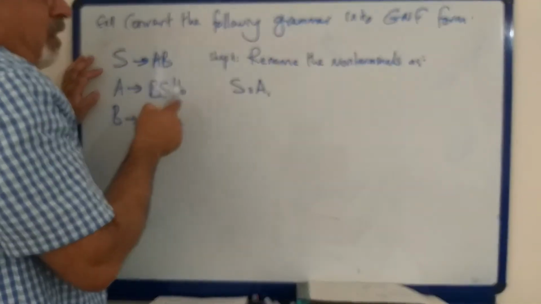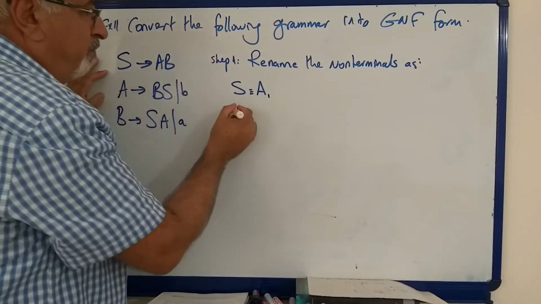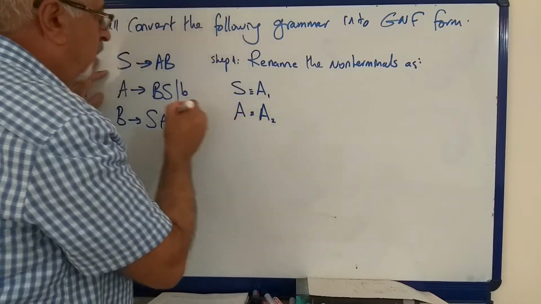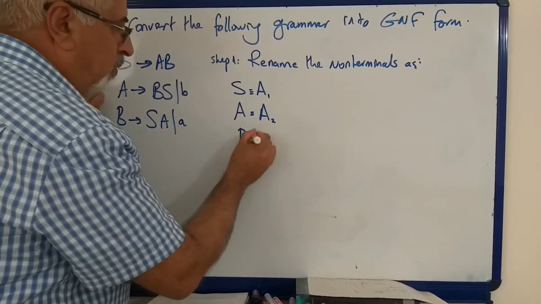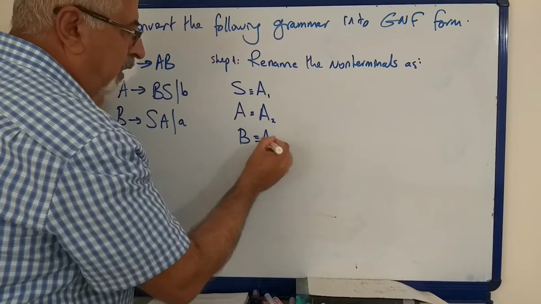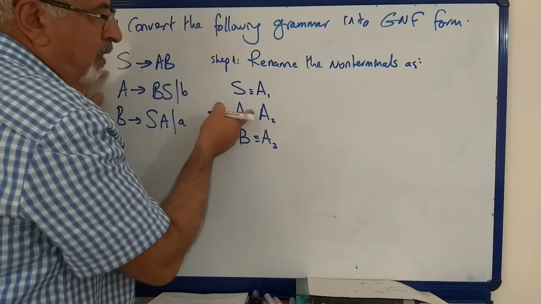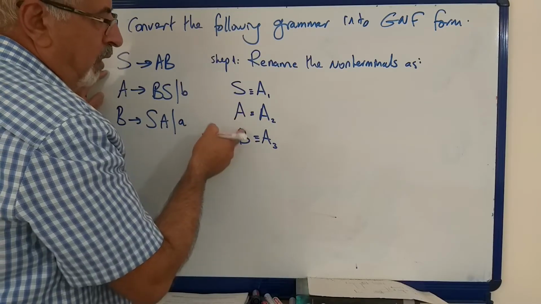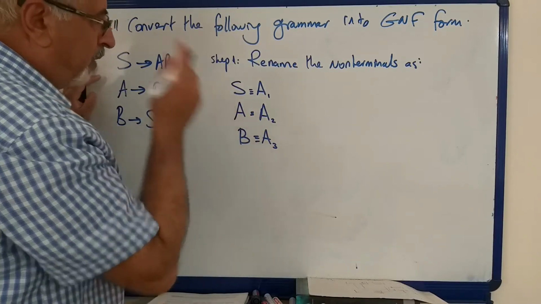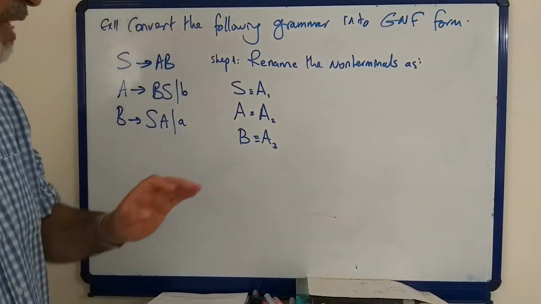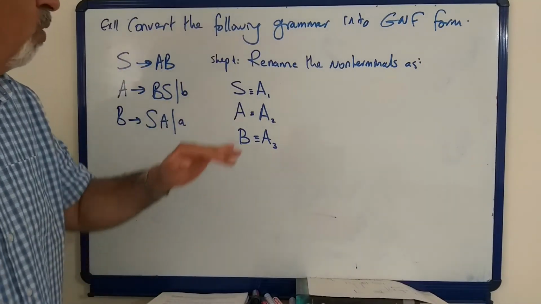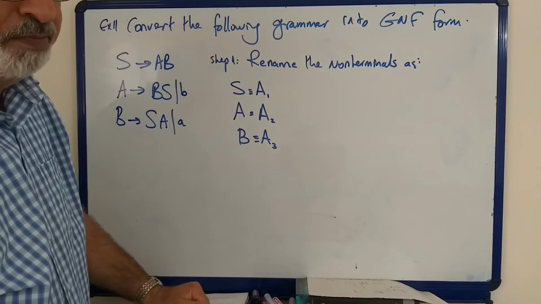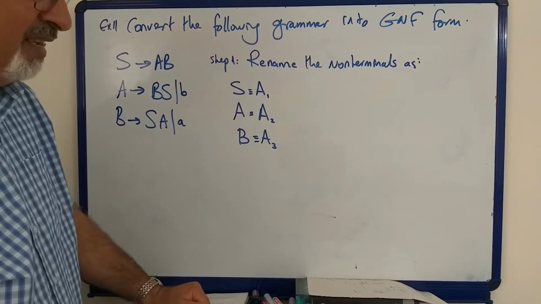For the others, you are free. We have A, we have B. A will be A subscript 2, and B will be A subscript 3. You can put other names, it doesn't matter. But we go in order. But you have to put A1 as the start symbol. Is this okay? It's very easy.